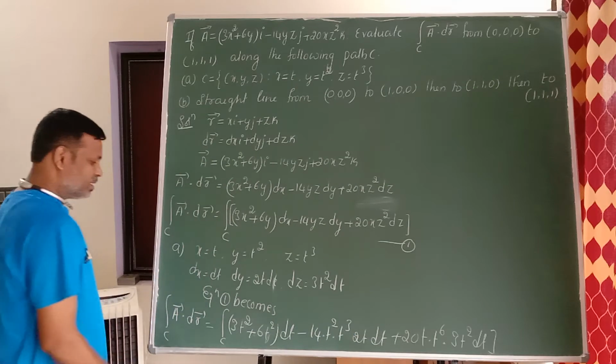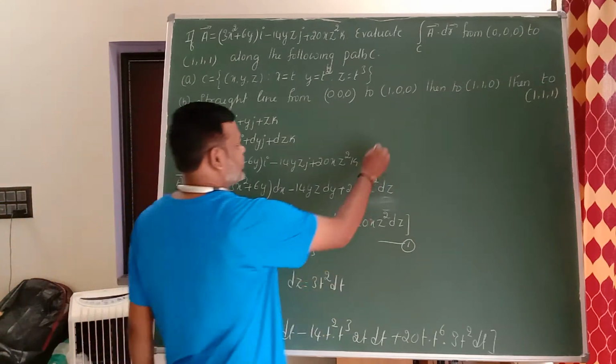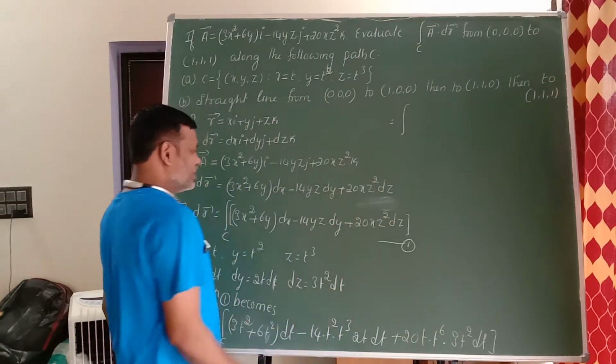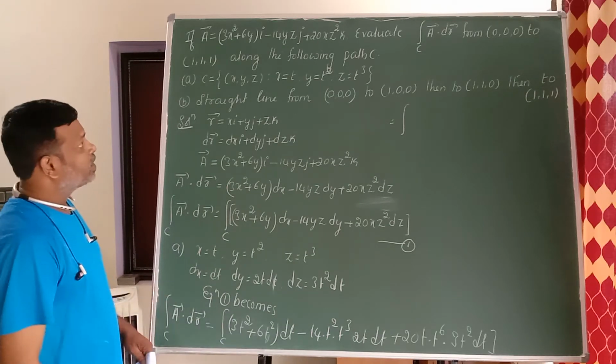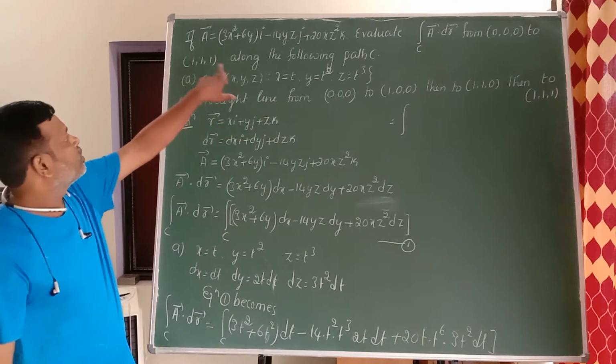Just simplify this. The limits are from 0 to 1, since the point is given from (0, 0, 0) to (1, 1, 1).